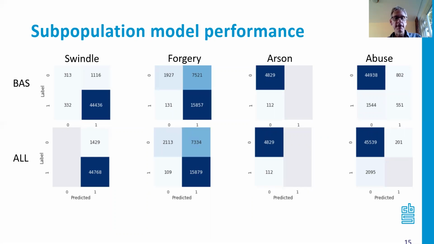The third and last layer that we will discuss is the subpopulation model performance. The top row here is the basic model. I have 4 crime types as an example here. For swindle and forgery, you see there's a lot of mass here: the units are predicted as cybercrime and they are labeled as cybercrime.